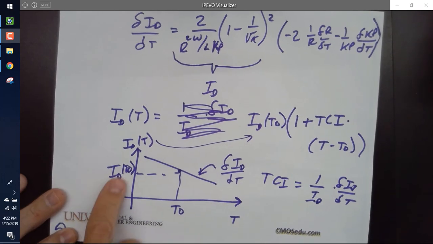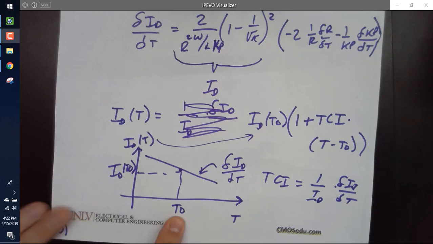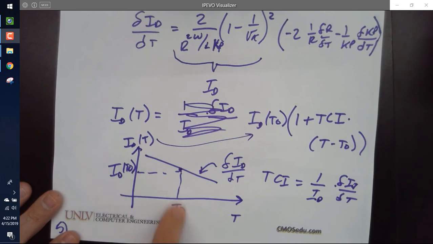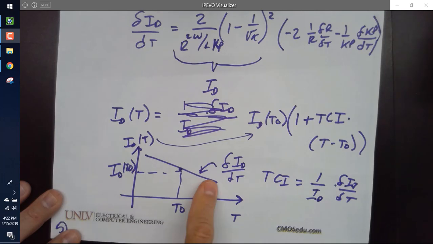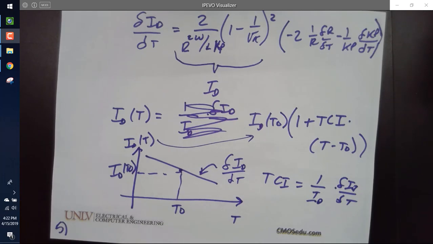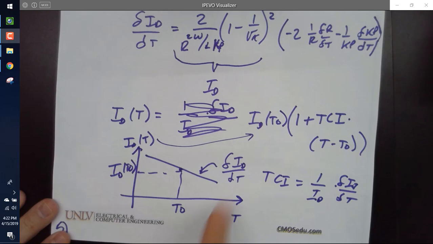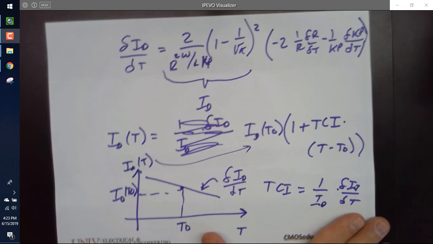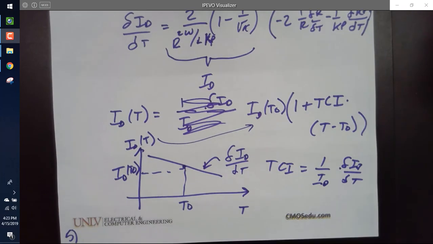Then I say I'm going to measure the drain current at some room temperature, some temperature T0. I'm going to call that ID of T0. Then I know the slope of the line from freshman calculus is del ID del T. We all agree with that?